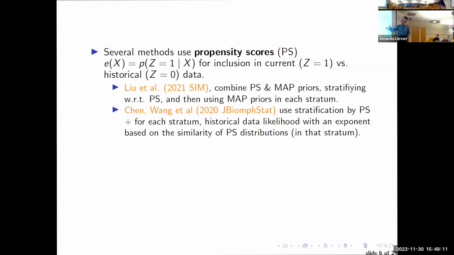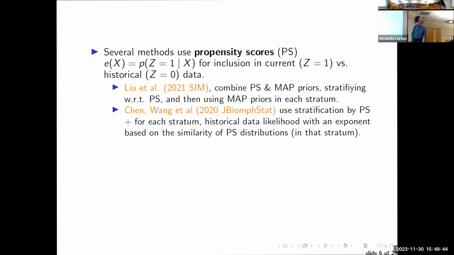And then in each stratum, they have like two variations. It's a 2020 paper, they have another 2019 paper. In the 2020 paper, they set up, it's a non-Bayesian approach, they call it historical data likelihood. They take the likelihood for the historical data with an exponent, where the exponent is based on some judgment of how similar the distribution of propensity scores is within that stratum.